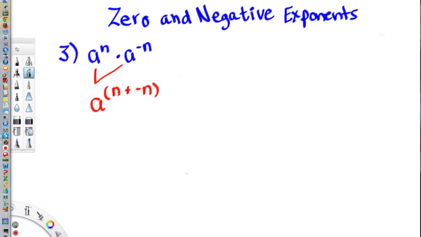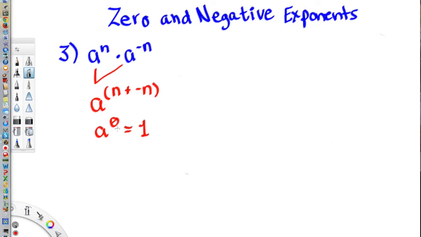Okay, and anytime I add the negative of something, whether it's 1 and negative 1, or 5 and negative 5, or negative 10 and positive 10, when you add opposites together, you always get 0. And as long as this variable, this number here, is non-zero, anything raised to the 0 power is going to be 1.